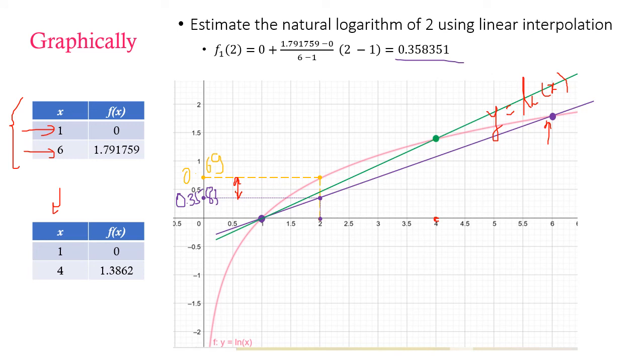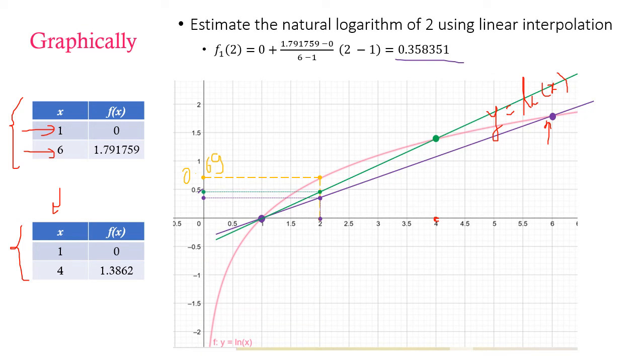So that is the straight line passing through those 2 points, and now if we use this improved line, this green line, to estimate the value of the natural logarithm of x, then this is how we can do it.